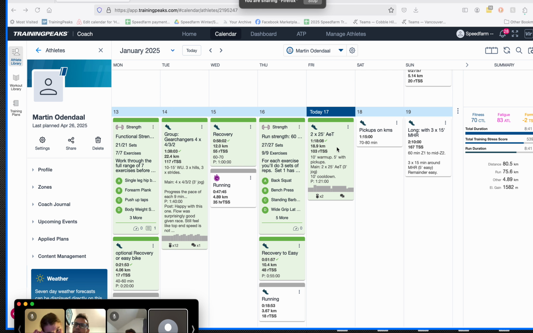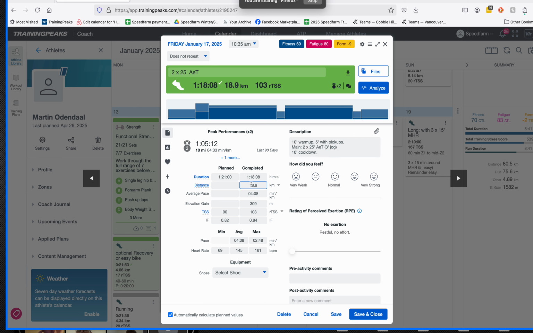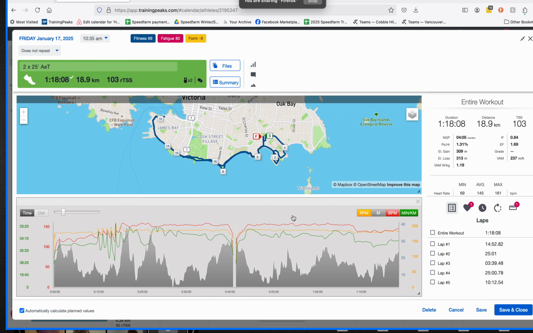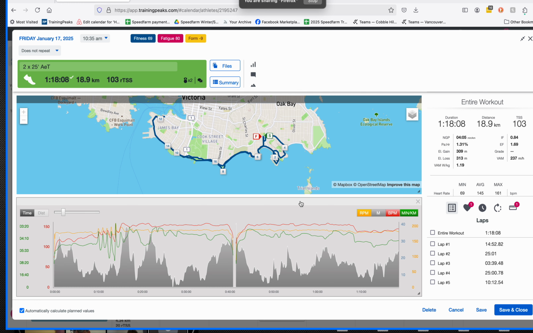Okay. So again, clicking on a workout opens it. You've got some summary data, which is obvious and not that interesting. But if you click on the Analyze button for yourself, now you'll get into more of the meat of each of the workouts, and it becomes a little more interesting. So this is something I'll typically do on anything except for a recovery run on your behalf. But I think it's also super useful to get yourself familiar with how your data is looking and how things are going.